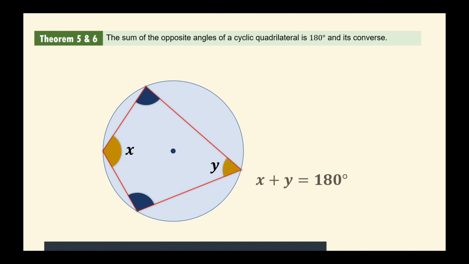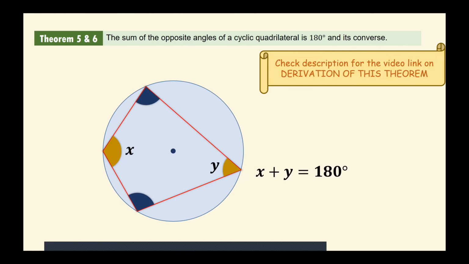So together opposite angles will form 180 degrees. So if a pair of opposite angles are A and B, then A plus B will be 180 degrees for any cyclic quadrilateral.